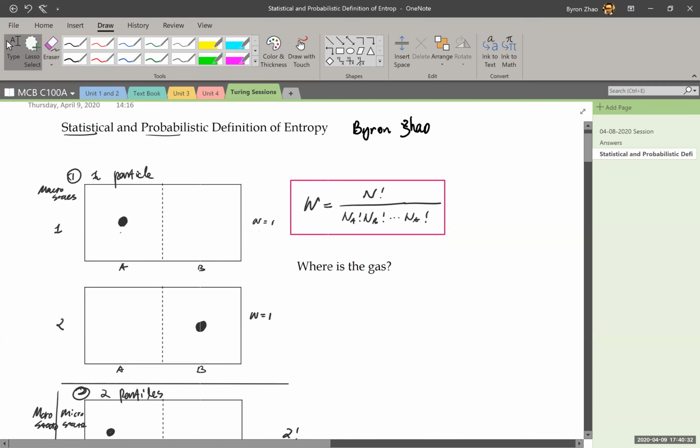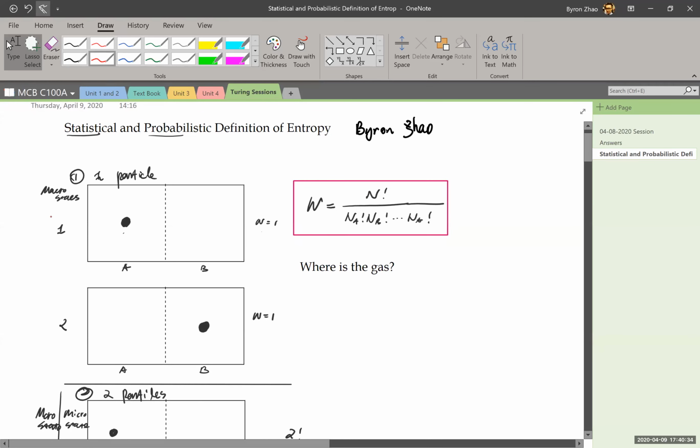So in the first type of macro state, our A-type molecule count is 1, and our B-type molecule count is 0. If we calculate the multiplicity of this macro state, it is 1.